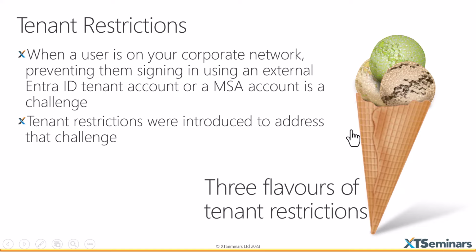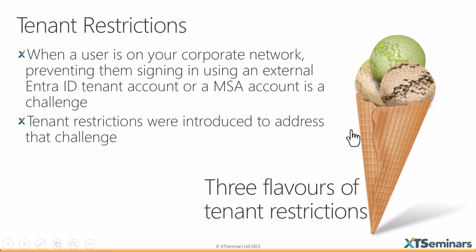Or they might need to sign in with an MSA account. So how do we decide how to block this? If it was signing into Google, signing into Okta, signing into OneLogin, we can just block it through a firewall rule. But we can't block access to login.microsoftonline.com. How do we manage it?